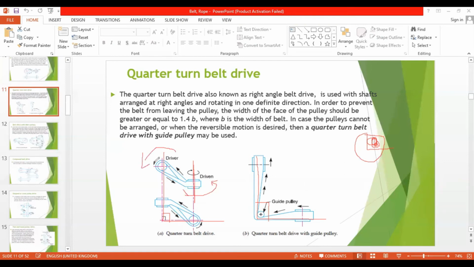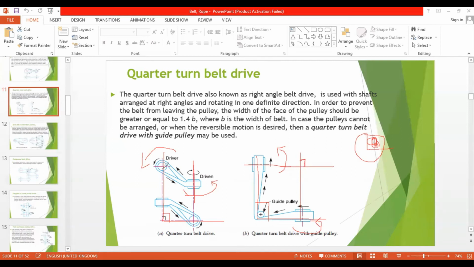So the shafts are arranged at right angles. This is the axis of one shaft, and this is the axis of the other, and if you extend them, they meet at a right angle.